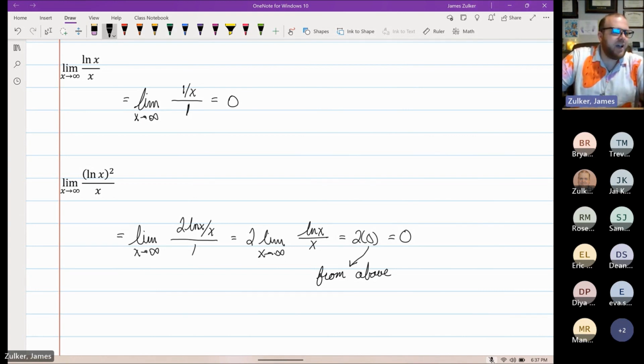So squaring the log of x didn't change the limit. And in fact, what you should notice is that no matter what power we raise it to, it's always going to be 0.